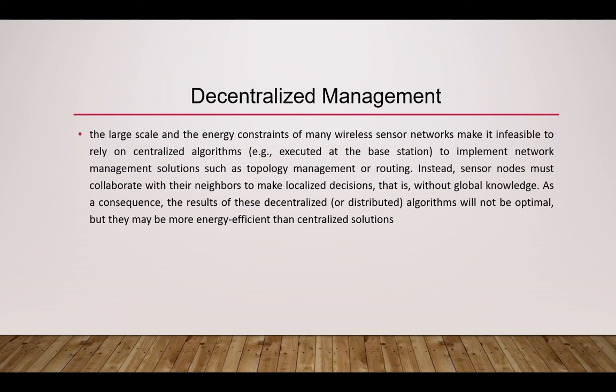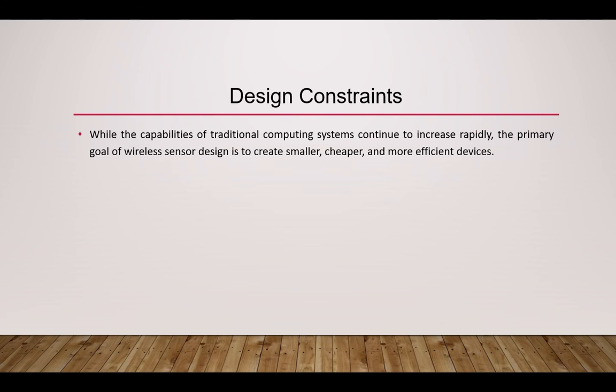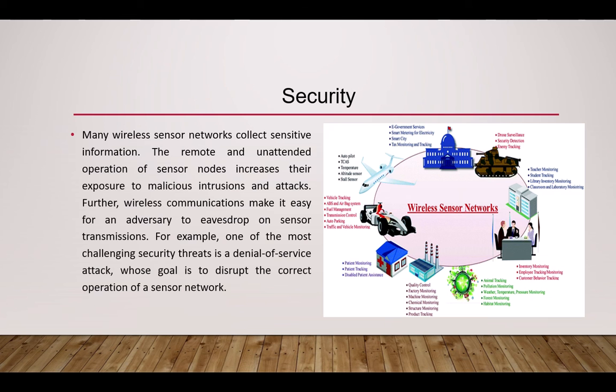As a consequence, the result of these decentralized or distributed algorithms will not be optimal. Design constraint. While the capability of traditional computing systems continues to increase rapidly, the primary goal of wireless sensor design is to create smaller, cheaper, and more efficient devices.